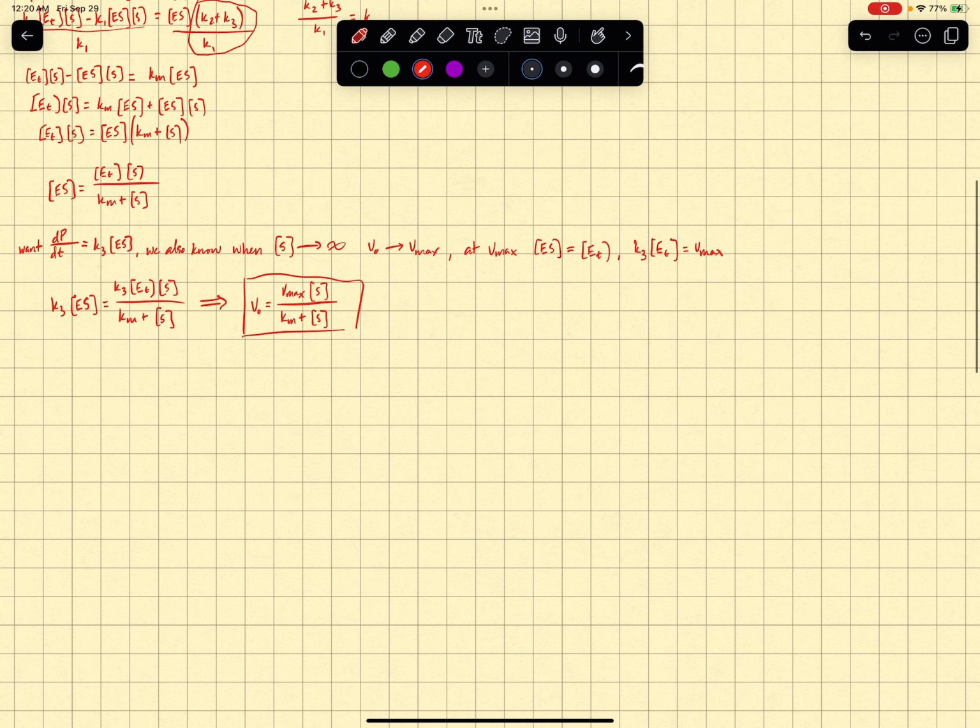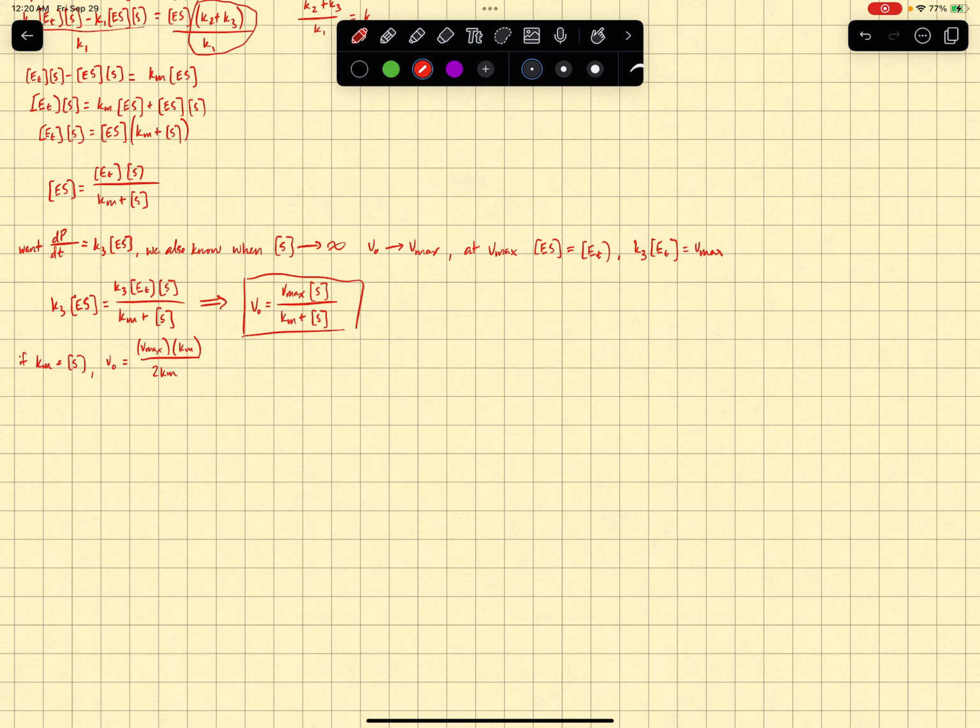Now, if we want to define what Km is, we can say if Km equals the substrate concentration, then V naught is going to be equal to Vmax times Km over 2 Km, because we just plugged it into the bottom part of the equation. We got 2 Km.